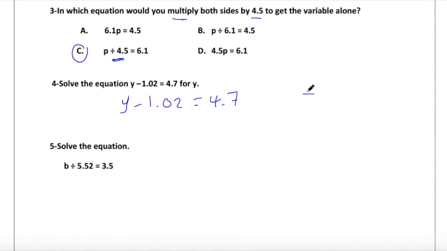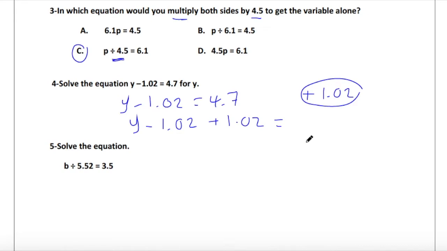So we have to add 1.02 to both sides. So it will be y minus 1.02 plus 1.02 equals 4.7 plus 1.02. So now this is 0, so y equals 5.72, which is the answer.